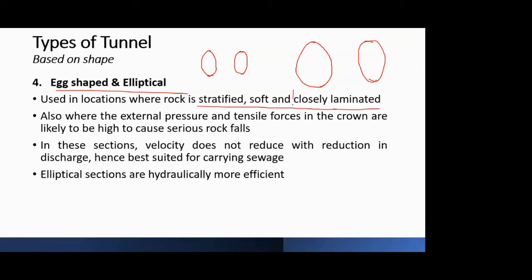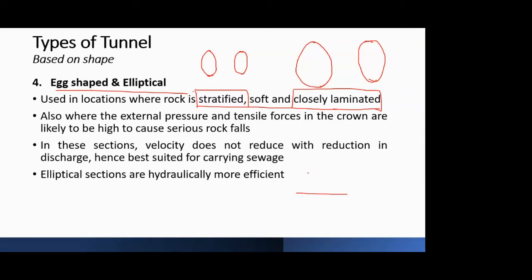Now these terms, closely laminated or stratified rocks, you must be aware of from your engineering geology, where you have different kinds of formation in your earth crust. So stratified is nothing but when your rocks or the strata are formed in layers. Closely laminated means you have very small or very thin layers.